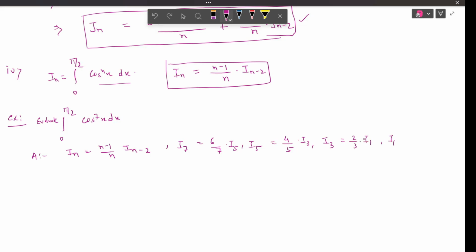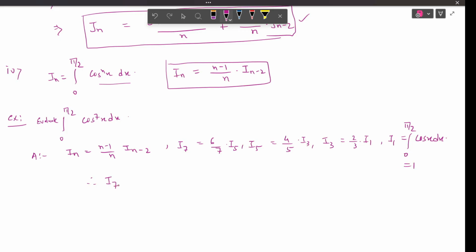What would be I1? This is your In, that means cosine of x dx. So this will be integration 0 to pi by 2 cosine of x dx. And the integral of cosine of x is sine of x from 0 to pi by 2. Sine pi by 2 is 1, sine 0 is 0. So this integral is 1.